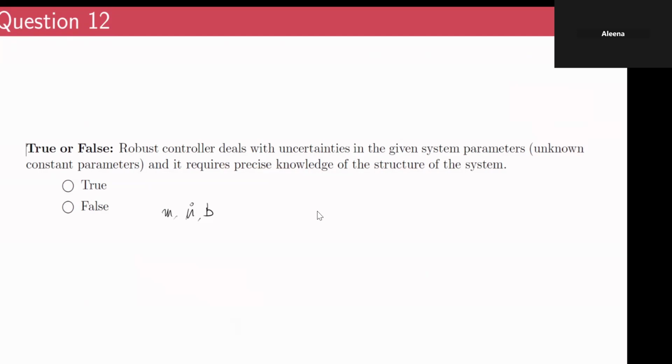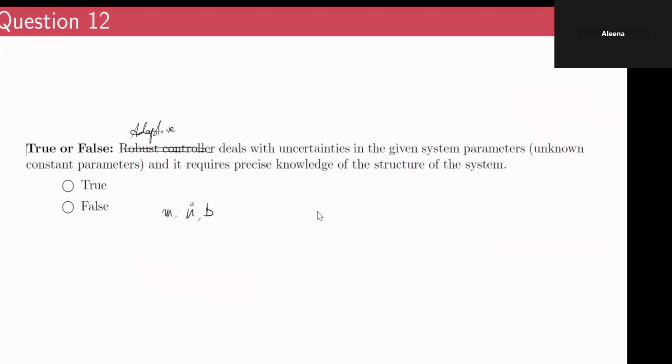An adaptive controller will adaptively tune its control parameters based on the uncertainty regarding each of these parameters. They are not really constant anymore. So this statement, regarding uncertainties and the controller trying to adapt its control parameters, its gains, is actually a statement about adaptive control, not robust control.